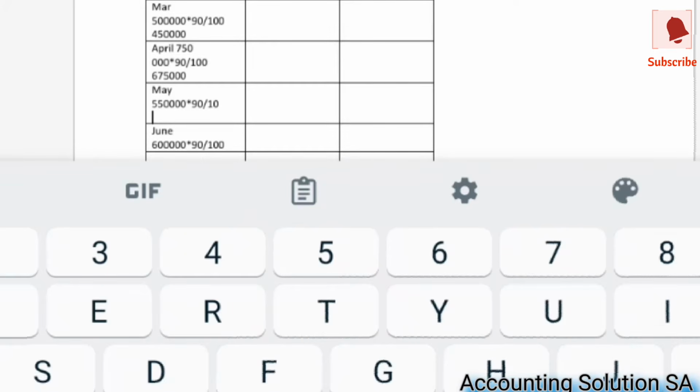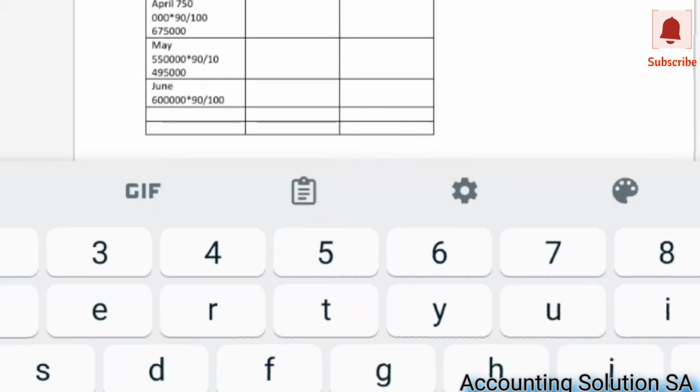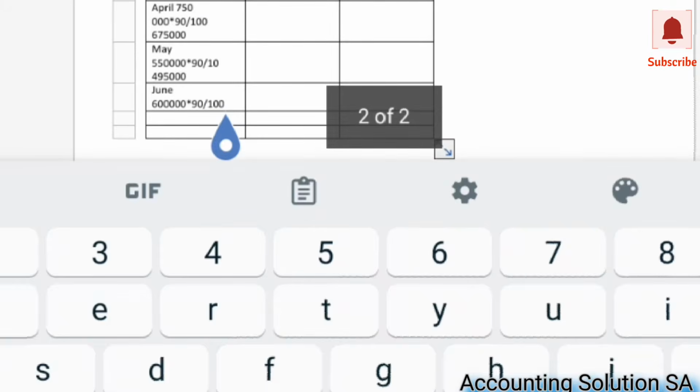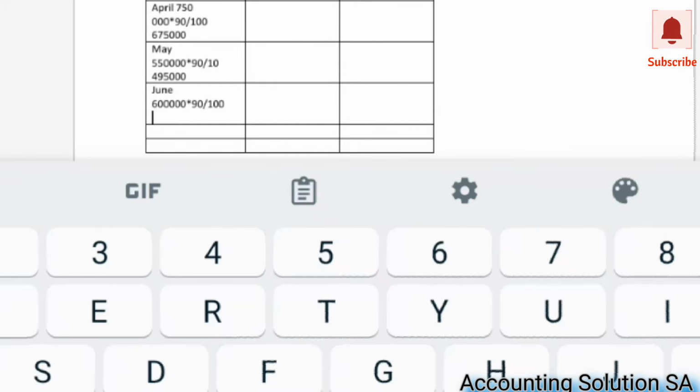Okay, May is 550, which is going to give us 495,000. June, $600,000. It's gonna give us 540,000.